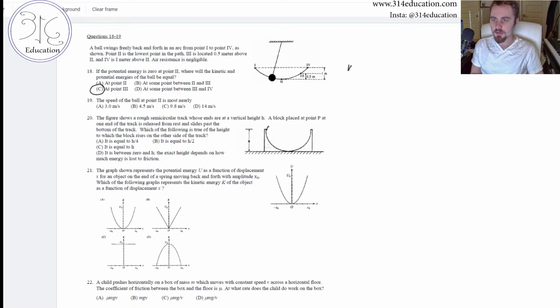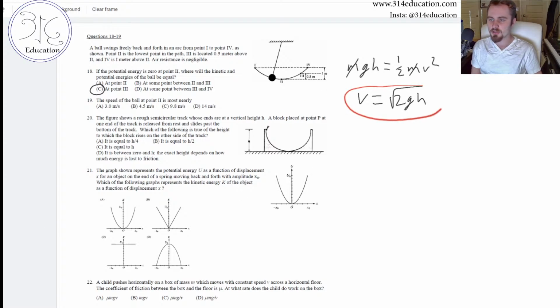Okay, and so that's going to be comparing our mgh, if we're starting from a height of 1 meter, to our 1/2 mv squared. We want to get our velocity on its own, so we'll divide both sides by mass, multiply both sides by 2, and take the square root, giving us v is equal to root 2gh.